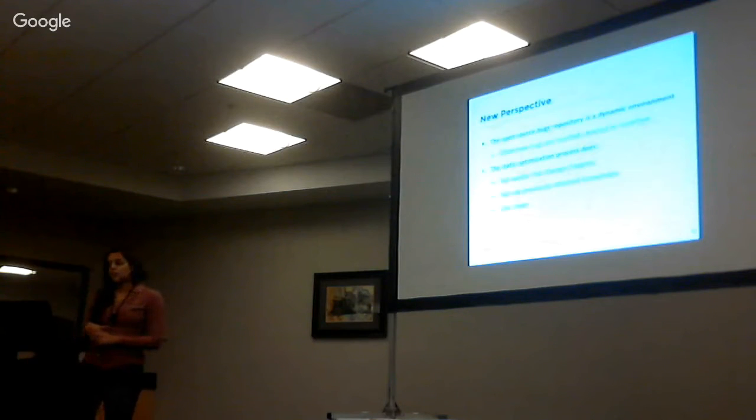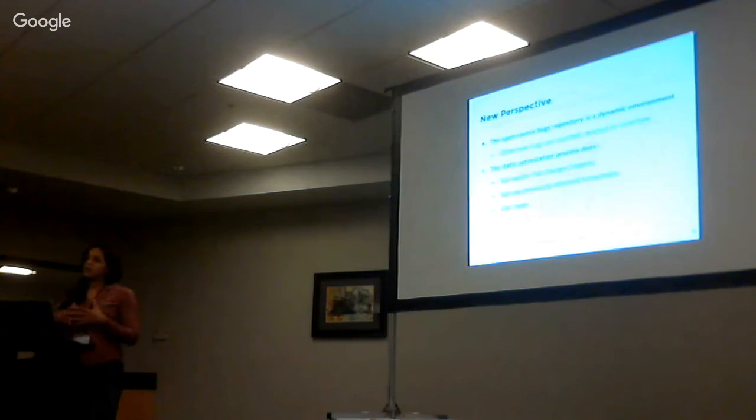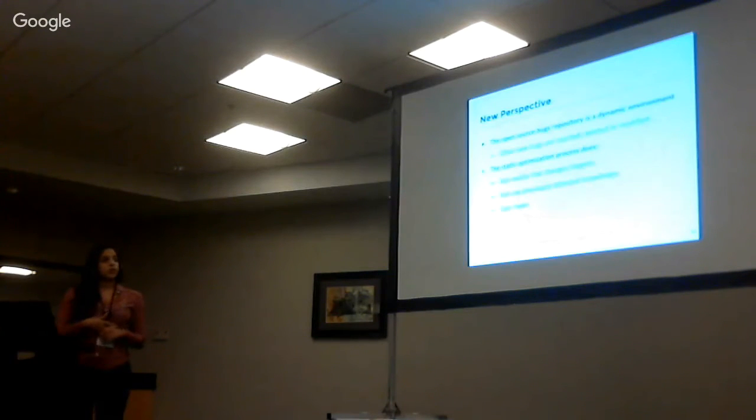However, the open source bug repository is a dynamic environment where often new bugs are inserted, deleted, or modified. And the static optimization process is many times unsatisfactory because it doesn't realize that changes happen, it doesn't reuse previous knowledge, and it is more costly.